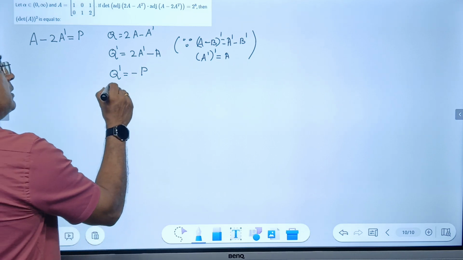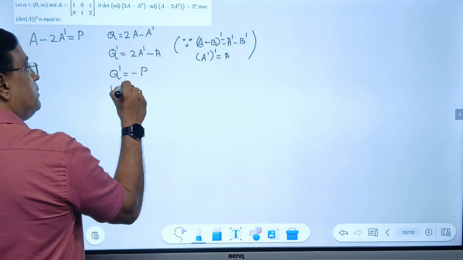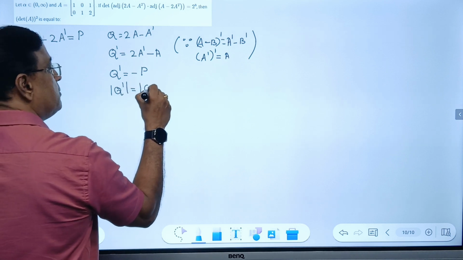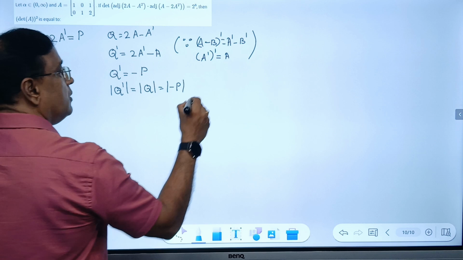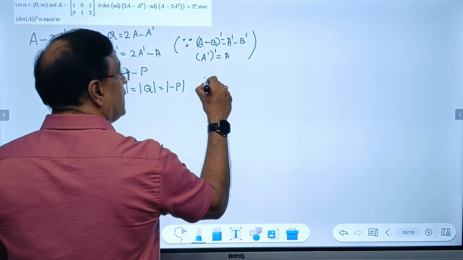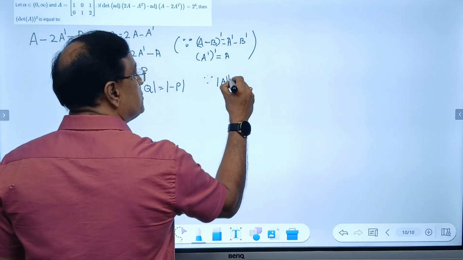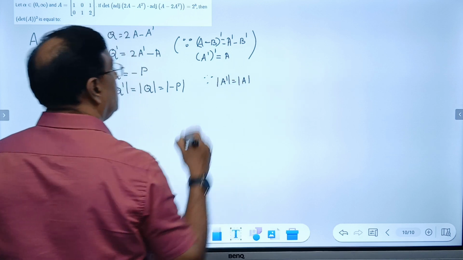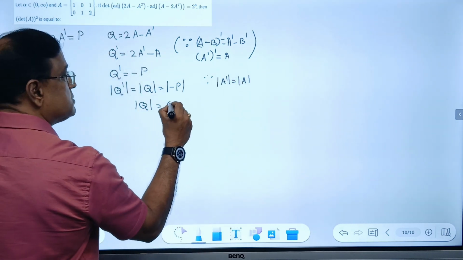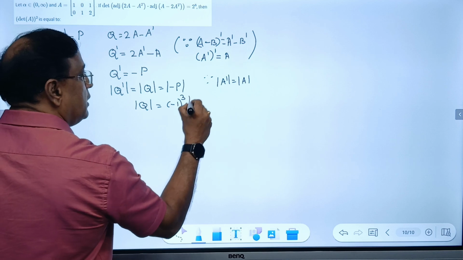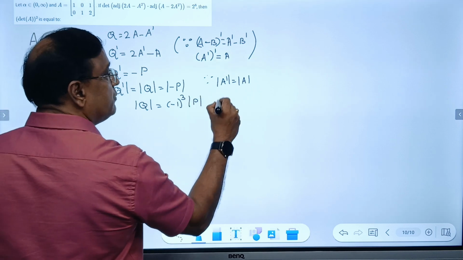Now I take determinant on both sides. Determinant of Q transpose is the same as determinant of Q, which is the same as determinant of minus P. Here I am making use of the fact that determinant of A transpose is determinant of A. Now I can write this as (minus 1) to the power of 3 times determinant of P. What result do I use?